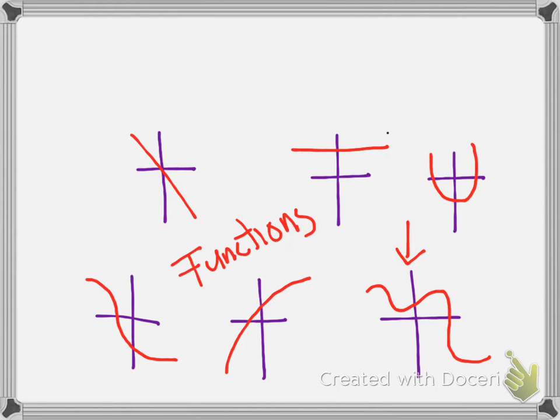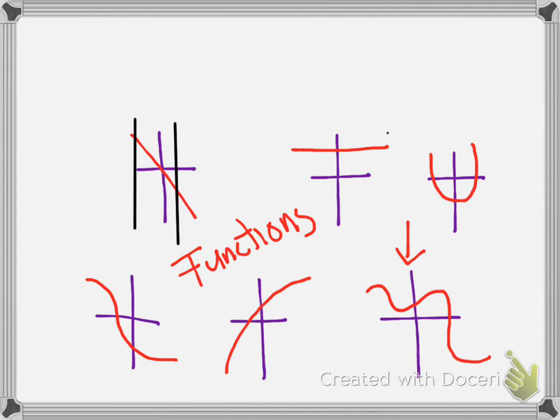To identify quickly a function versus not a function, you take what we call the vertical line test, and you draw yourself a vertical line straight through the center of your graph. And you ask yourself, did I hit that line more than one time? And in the case of this, no. You can draw that line in another place on that same graph.